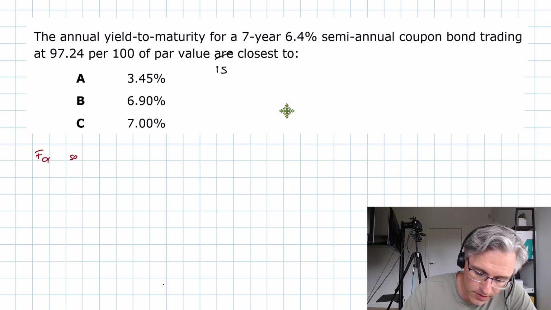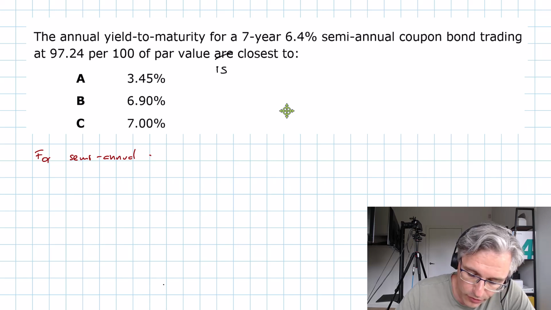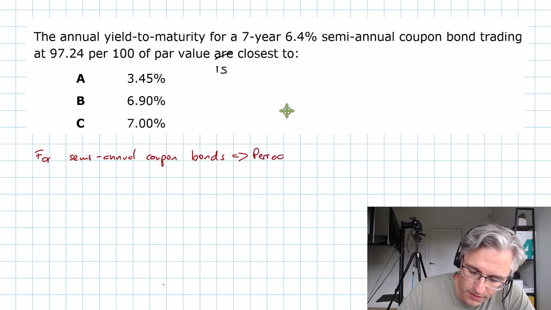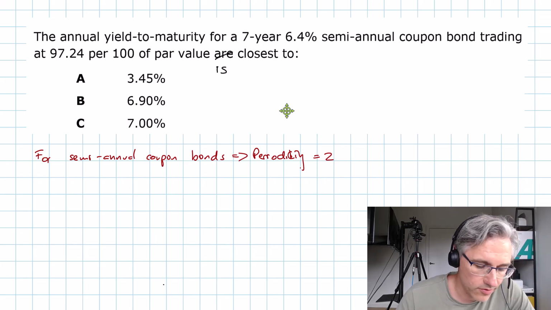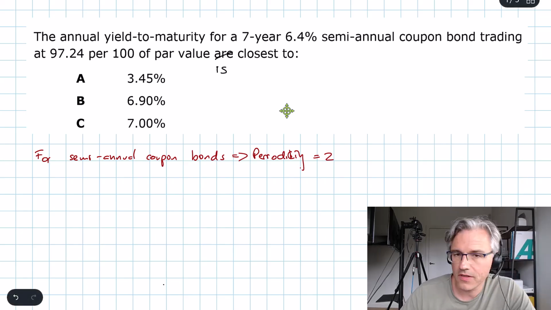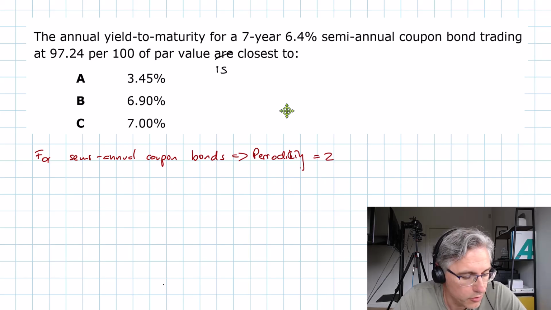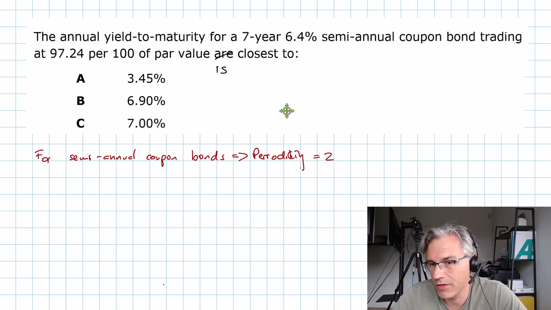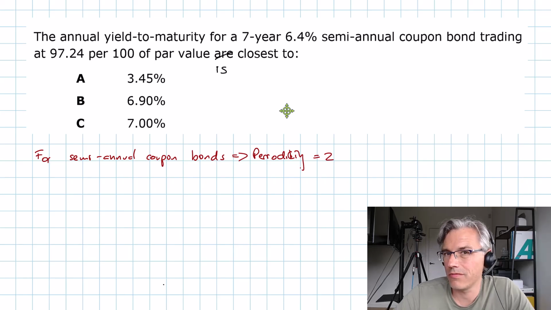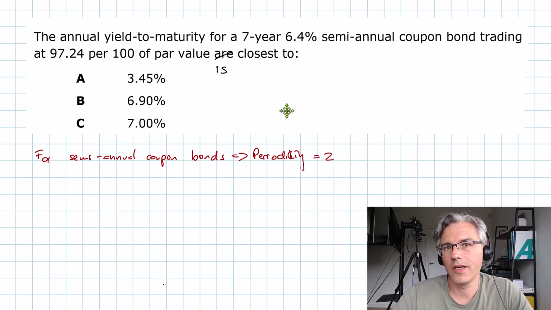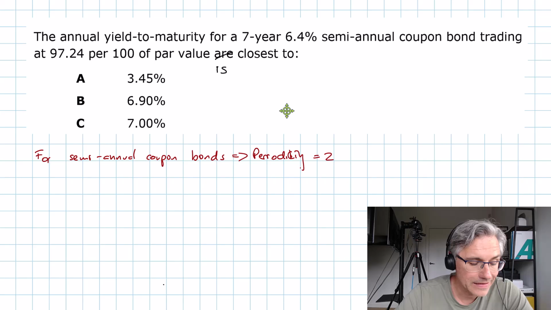For semi-annual coupon bonds, the periodicity you have to assume is 2, unless you're told something different. This is going to be typical for bonds coming from the US and bonds coming from the UK, which are the two countries where you'll typically find coupon payments being paid twice a year indeed.